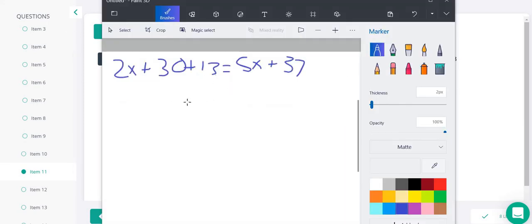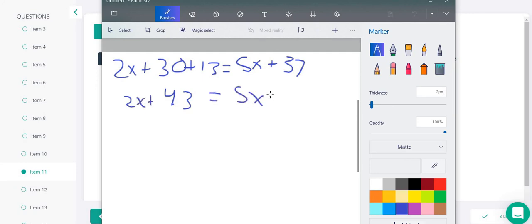All right, so first thing, we have to combine like terms, 30 and 13. That gives us 43. So 2x plus 43 equals 5x plus 37. All right, now we got to get rid of one of these x's, get rid of the lower one. That'd be 2x, so minus 2x from both sides.